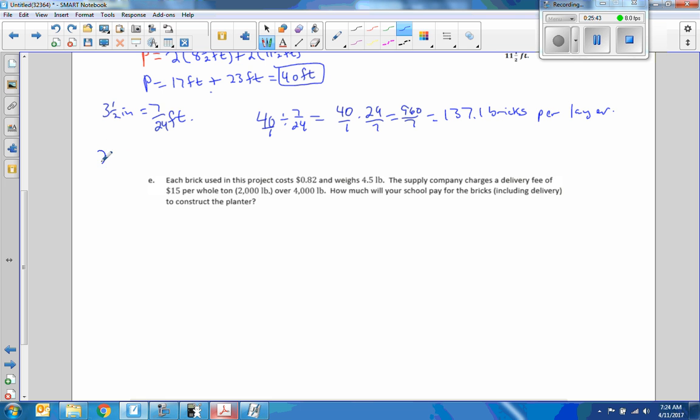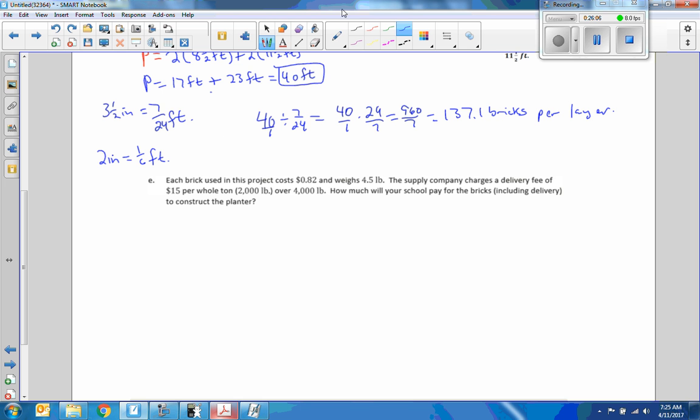2 inches equals 1/6 of a foot. The height of the planter is 2.5 feet, which is equal to the product of the number of layers of bricks and the height of each brick, which is 1/6 of a foot.